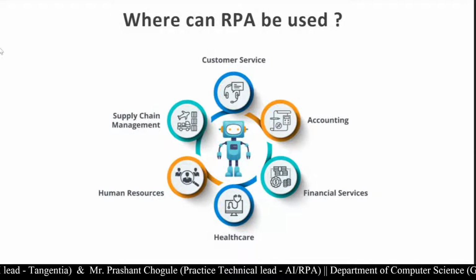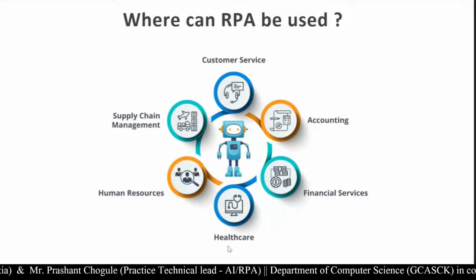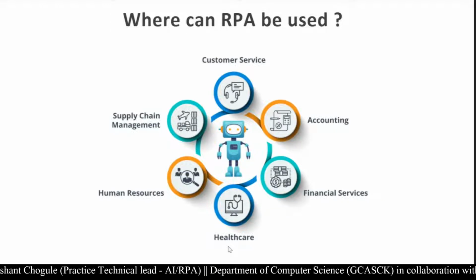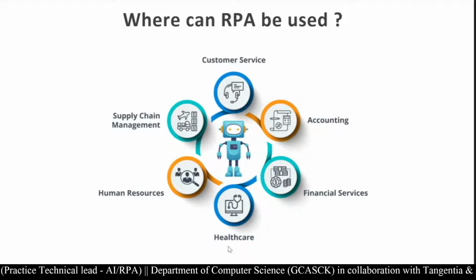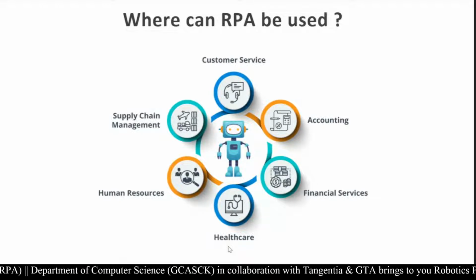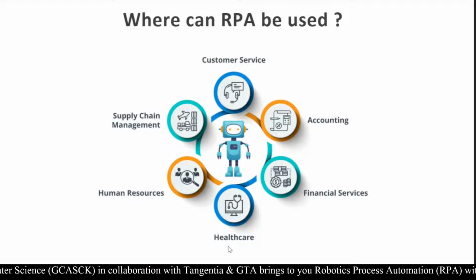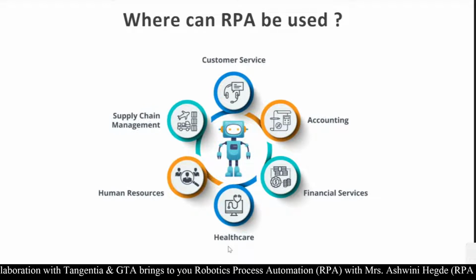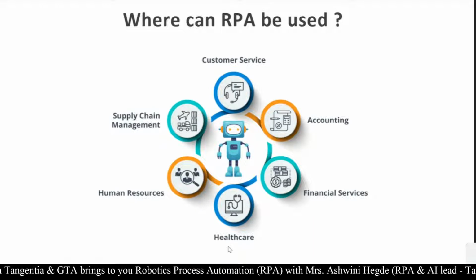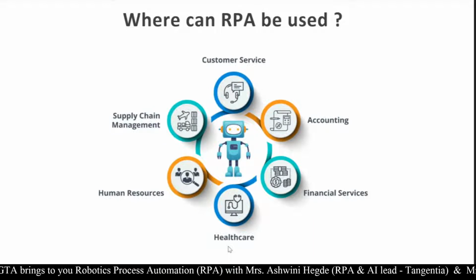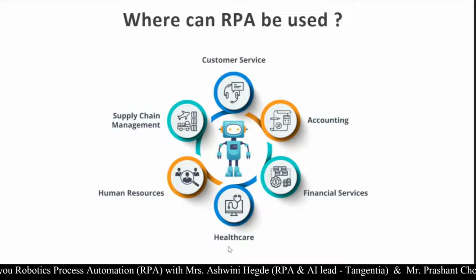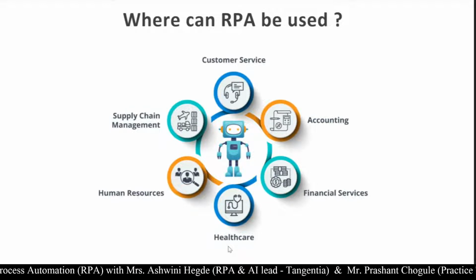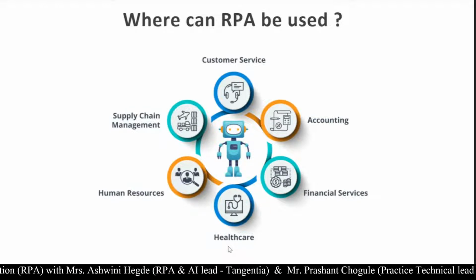Now, let's say, for example, healthcare, right? Let's say you want to claim your insurance. What you do is you fill in some papers or some forms online and then you submit it. Now your service provider or your health provider or your hospital receives your application, receives your claim, and they have to go and check multiple bills, how much can be given, how much you have to pay in cash, all of that, right?